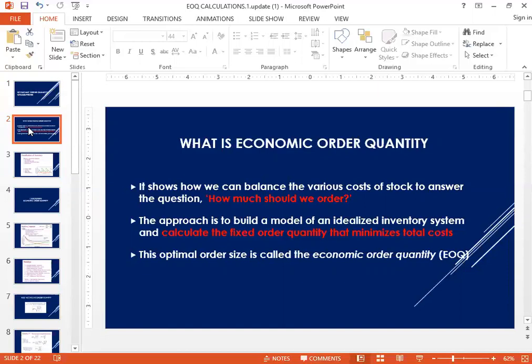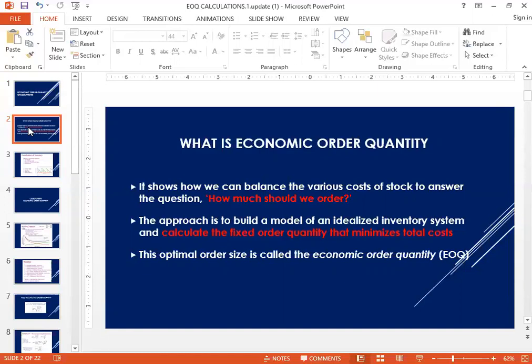So the question is, how much should they order? Not too much, obviously, and ordering too little is also not the answer. It has to be somewhere in the middle, but again, how much is the question. Thankfully, EOQ helps answer that question.